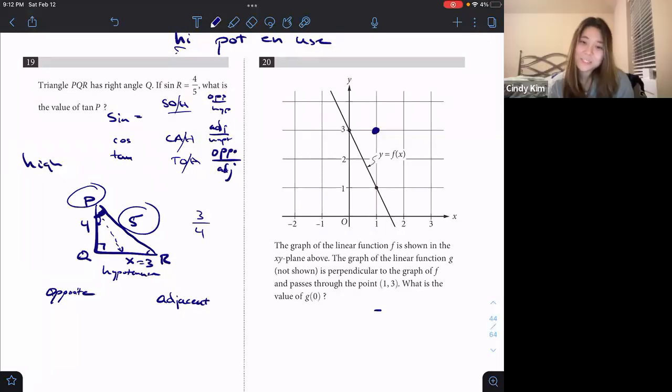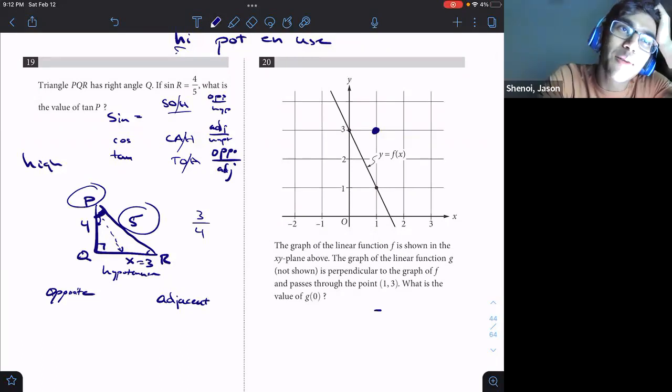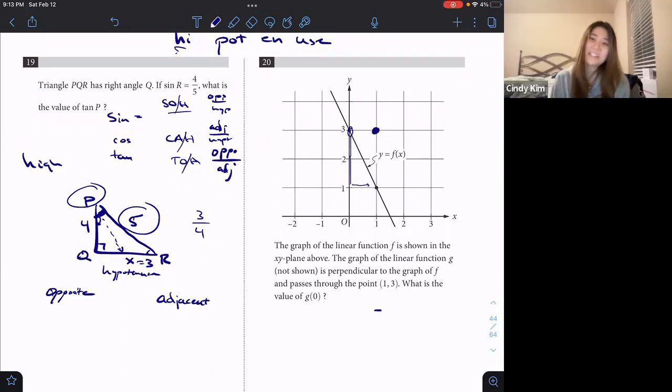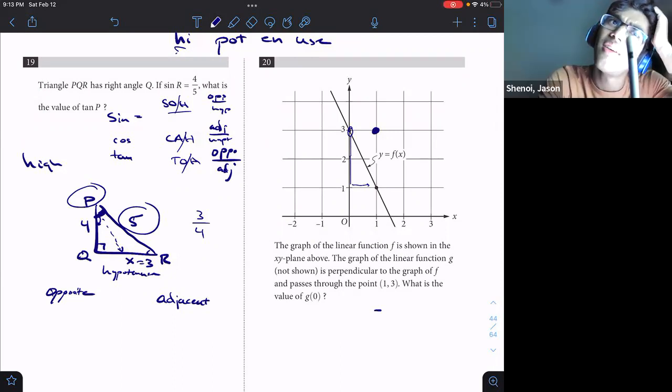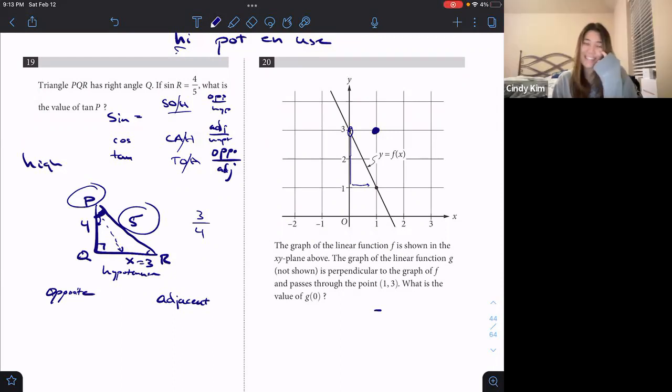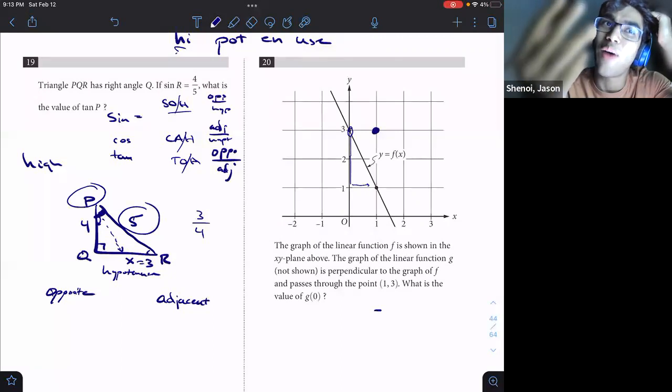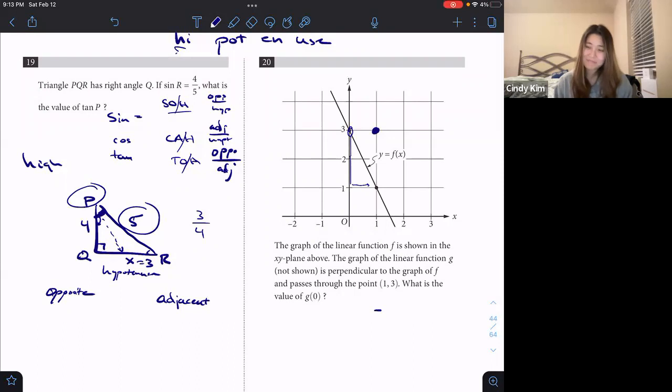Okay, so assuming this is 1 point right here, we're going down 2 units and across 1. That's the X and the Y. In English, we go Y over X, which is the same thing, but you just say it backwards.